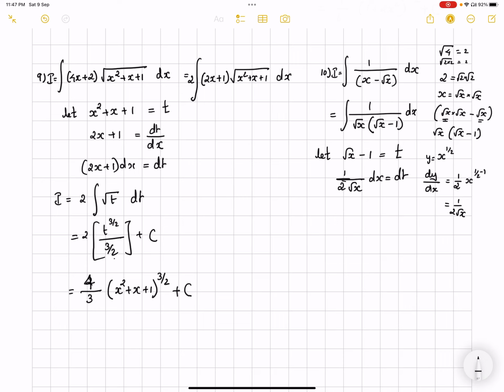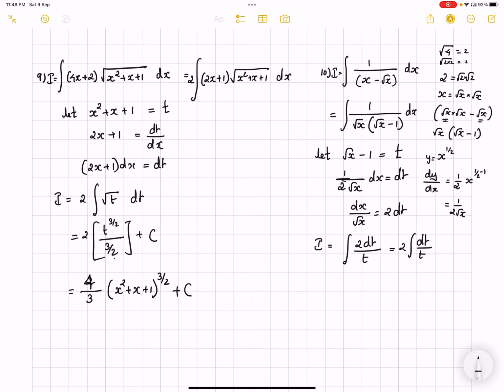Okay, done. So now this part, I don't have 1 by 2. That's the reason I would be writing it as dx divided by root x is going to be equal to 2 times dt. Now let's go ahead with our substitution. I would be having dx by root x getting replaced by 2 dt divided by t. So 2 would be coming out. I have dt divided by t.